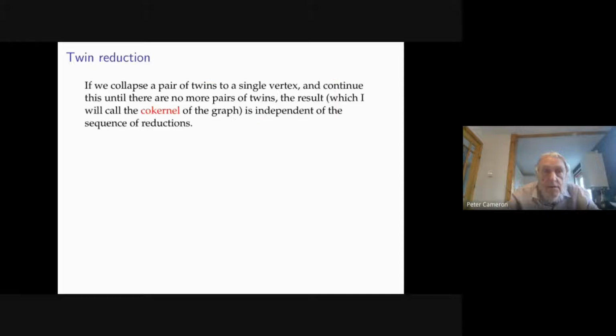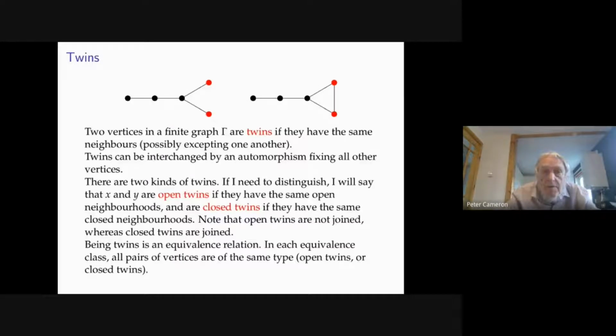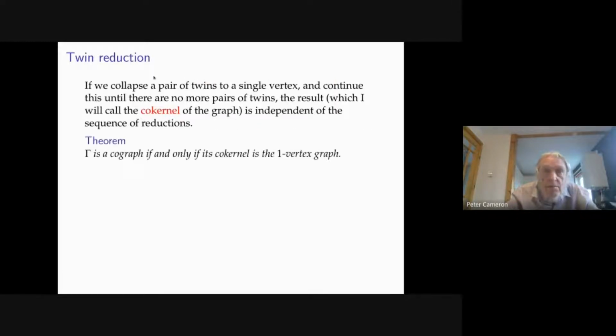So those are twins. Not all properties of graphs are like this, but there are many properties which, if you collapse the twins to a single vertex, the property remains true. We'll see examples of this. But if you collapse a pair of twins, then there might still be twins, so you collapse them.